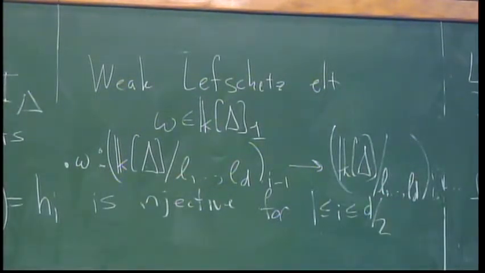Okay, so if we can find such an element, then we derive the unimodality statement for the h numbers.